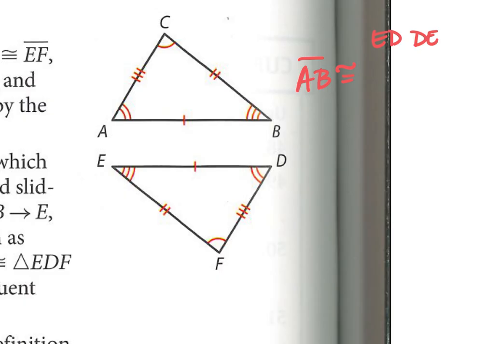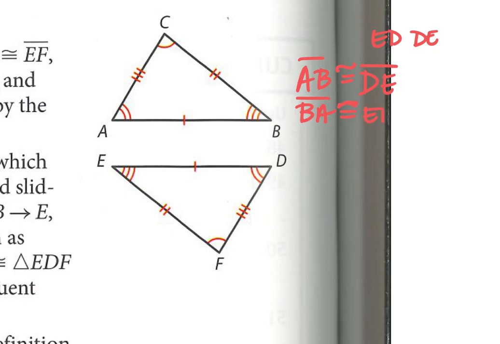If I write AB, then my other side needs to correspond appropriately with the letters. What letter corresponds with the A? Look at your tick marks. D. So I have to make sure to put D, E over here. But if I had said BA, what should I write?